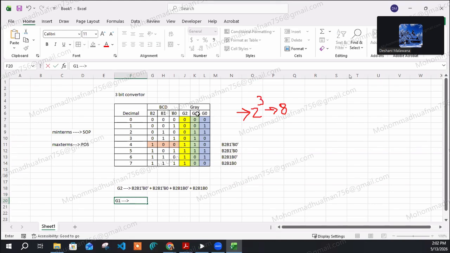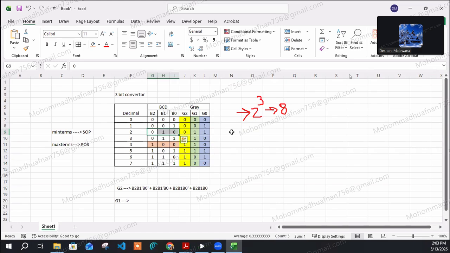So G1 is this one, right? So this is going to be our G1 thing. So we can just remove these things. And here we are going to get the G2, G1. So this one is considered in this one.